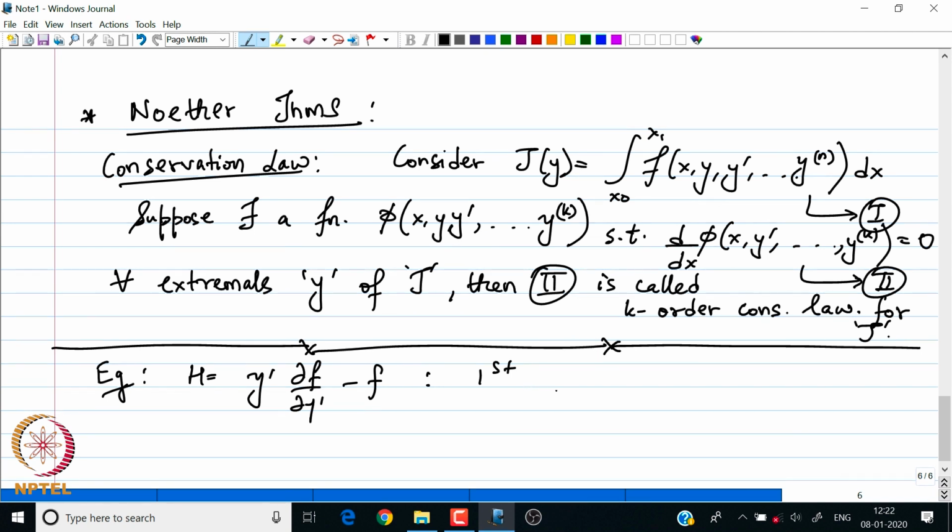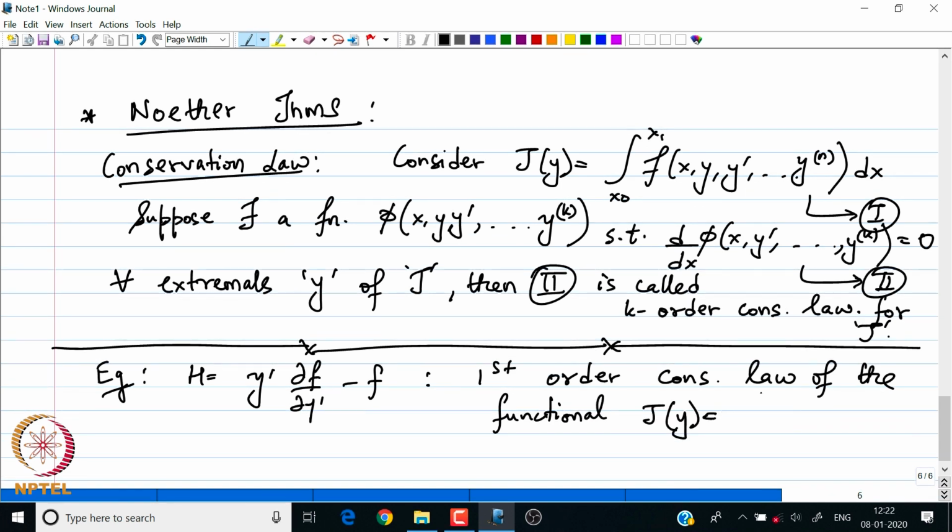This is the first order conservation law of the functional of the form J of y, which is the integral from x0 to x1 of f of y, y prime dx. So this is my first order conservation law of this functional. We have seen that in our Beltrami setup.